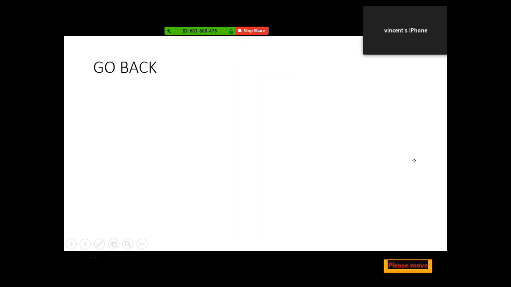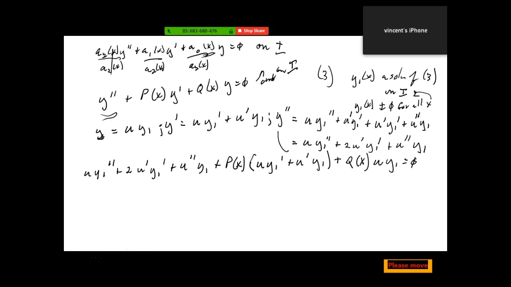Now, remember we said that y1 is a solution of this equation right here. So let's pull that out. Let's take this term here, u times y1 double prime.